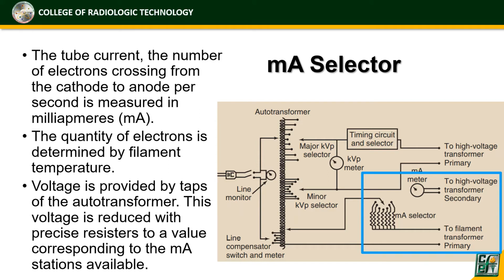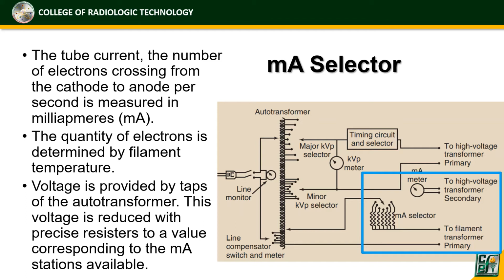Very good. So the tube current, the number of electrons crossing from the cathode to anode per second, is measured in, of course, milliampere. Okay. So the quantity of electrons is determined by the filament temperature.